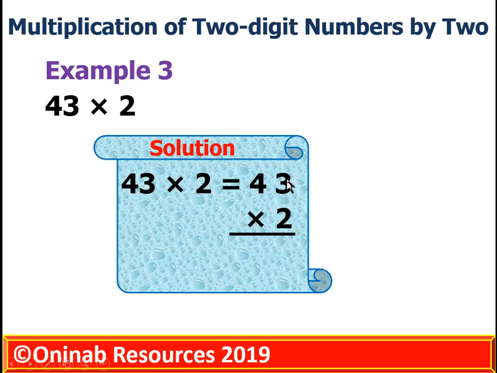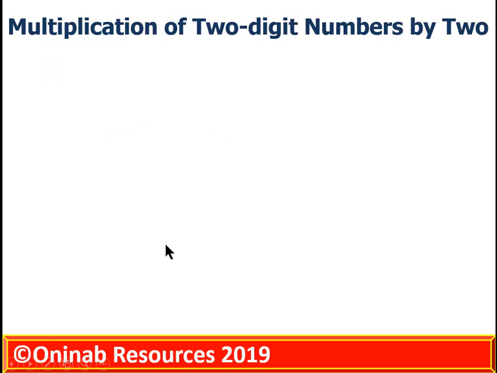So 2 times 3 gives 6. 2 times 4 gives 8. So we have 43 times 2 giving us 86. So we go to the fourth example.